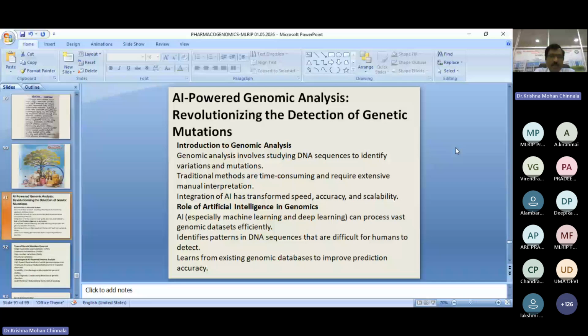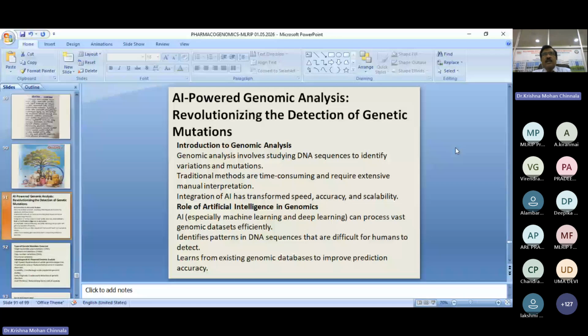It identifies patterns in DNA sequences that are difficult for humans to detect. This is another advantage, and it learns from existing genomic databases to improve prediction accuracy. Obviously, we need accurate results.